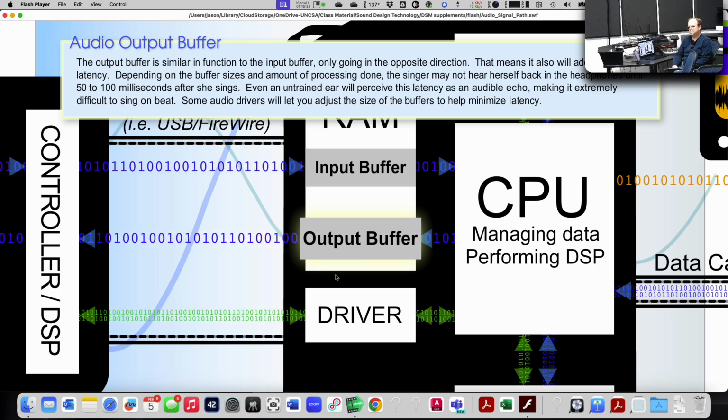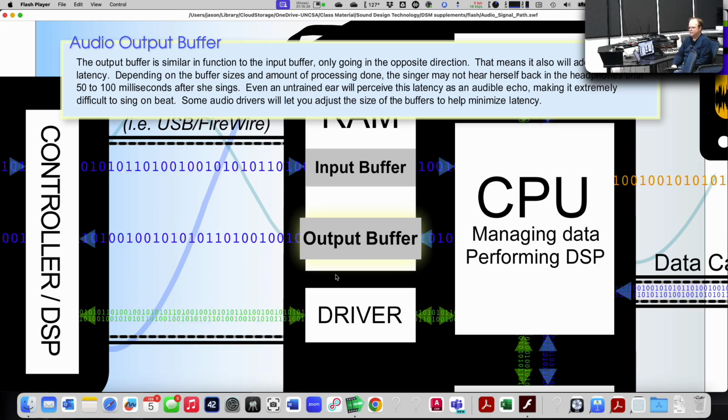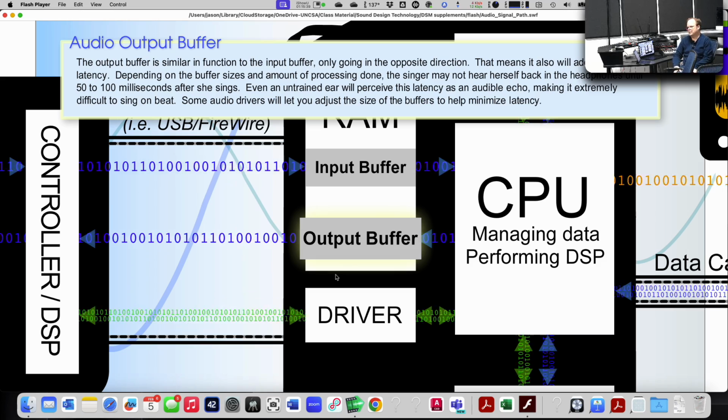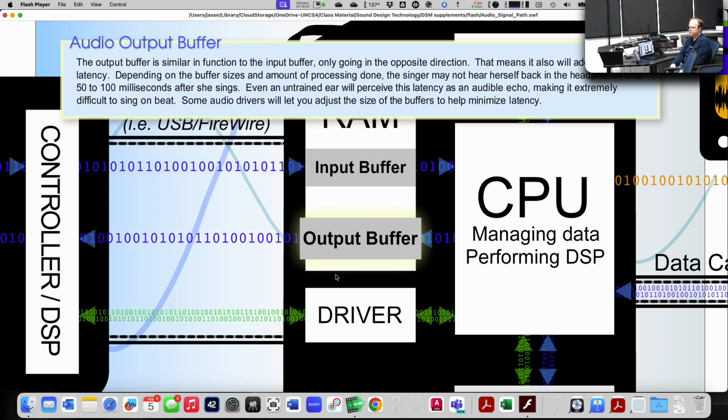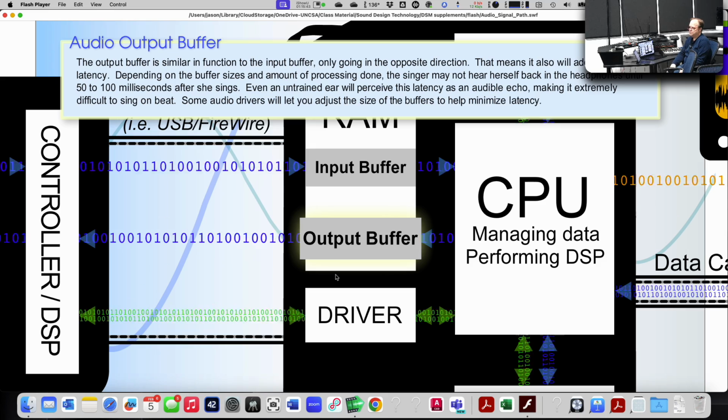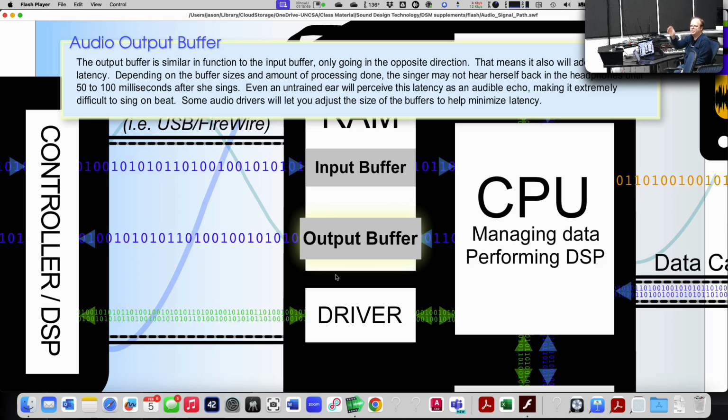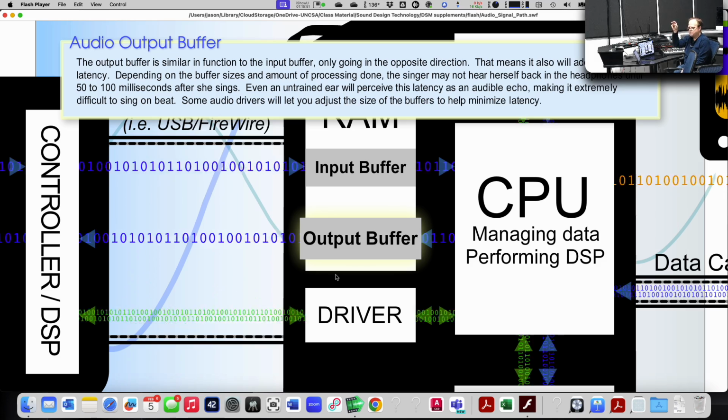But even if you go to a 2,000-something buffer, depending on your sampling rate, that could only be 2 milliseconds of latency, which in most cases you're not going to notice between when you hit go and when you hear it.